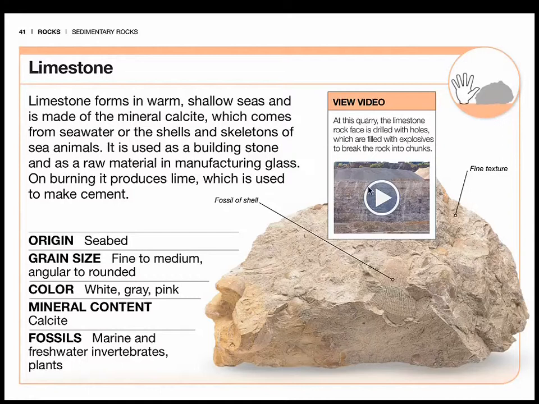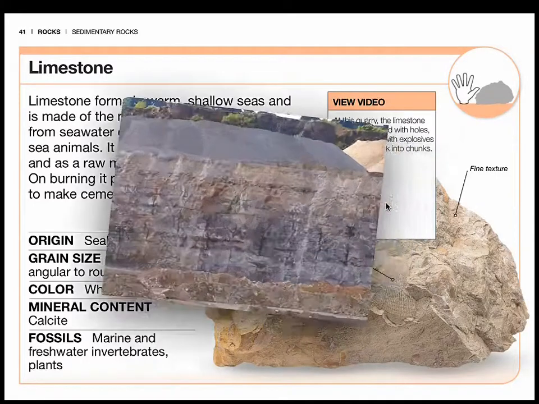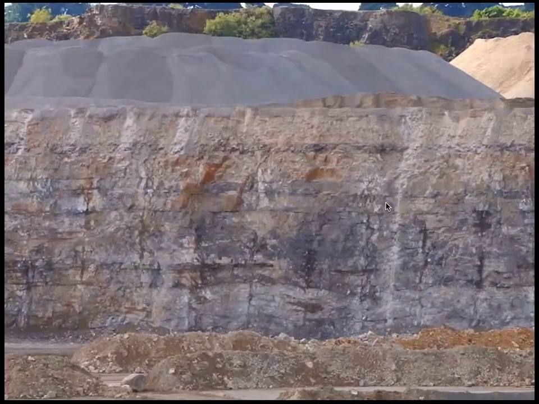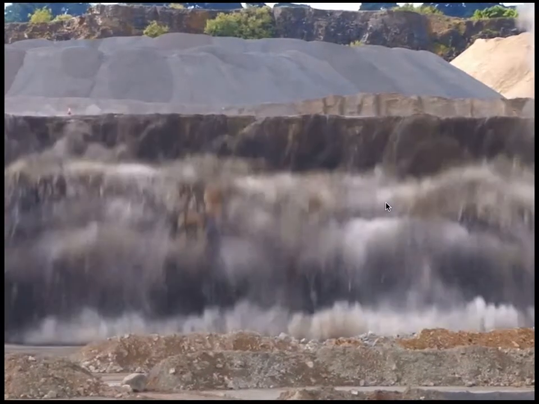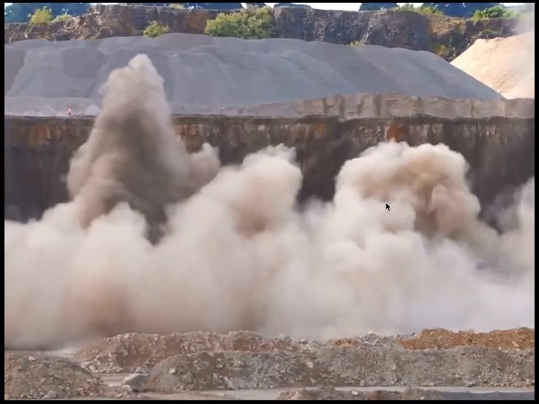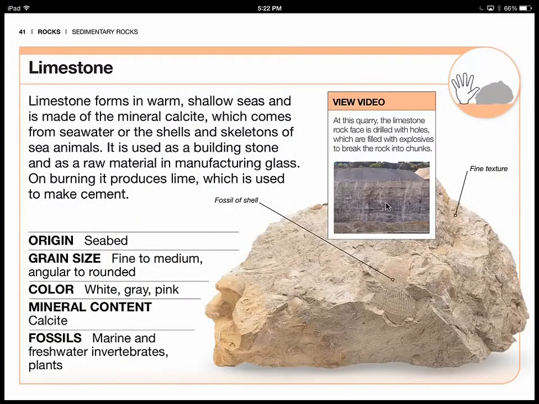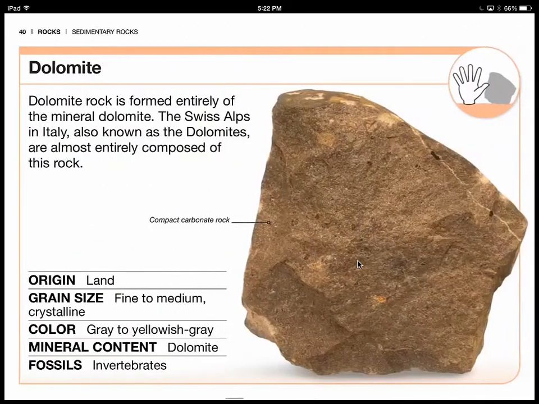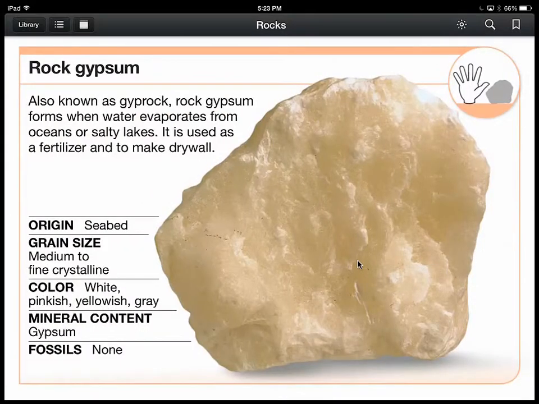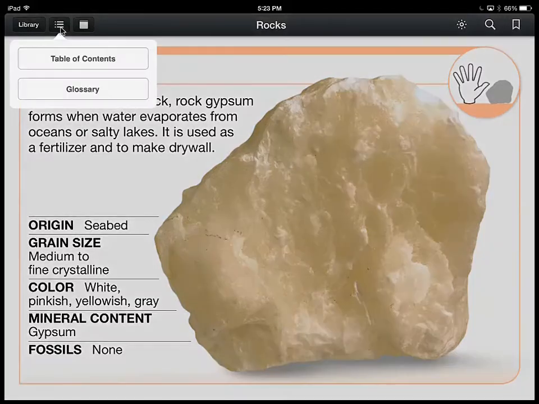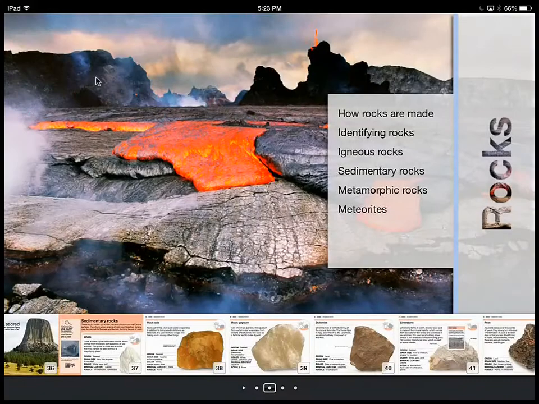We have videos, so I'll tap on the video, pinch it with my fingers to enlarge it, and this is what an interactive iBook can do. Pinch it back down to put it away. I can scroll through pages, I can tap on the book, go to the table of contents. Here I can see the various chapters in the book.